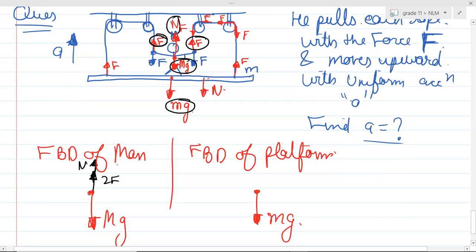So these are all the forces acting on the man, and this man is going upwards with an acceleration. Similarly, the platform. Can you see the normal reaction acting in the downward direction? And can you see this F and this F? These two F's are acting in the upward direction.